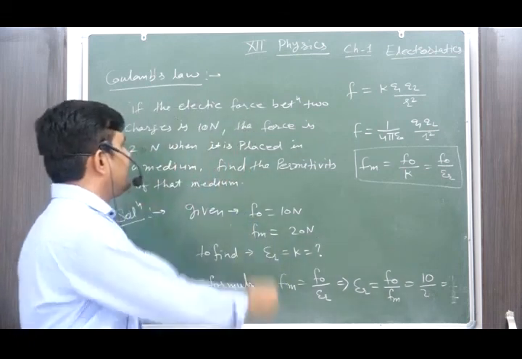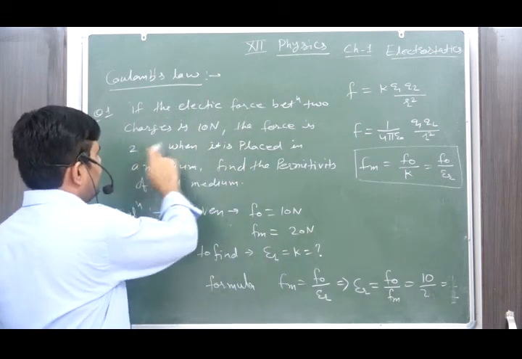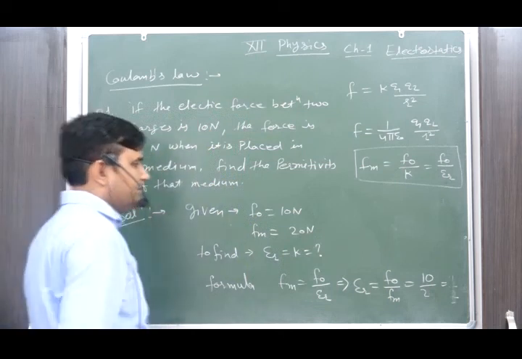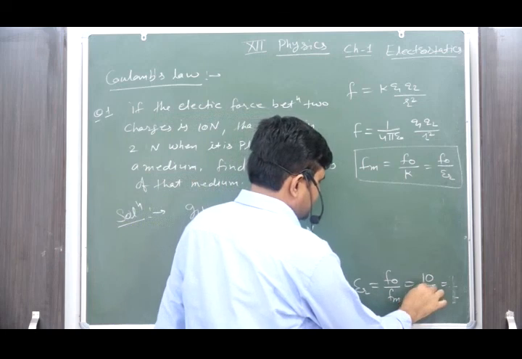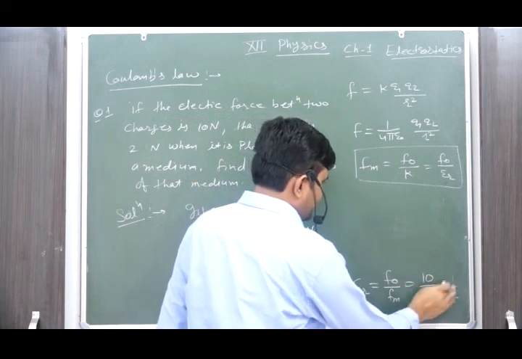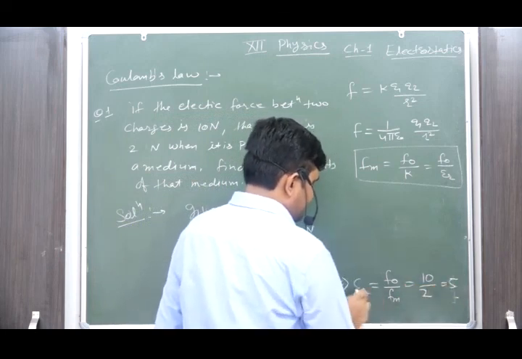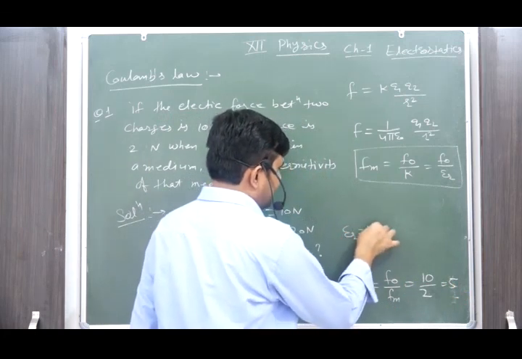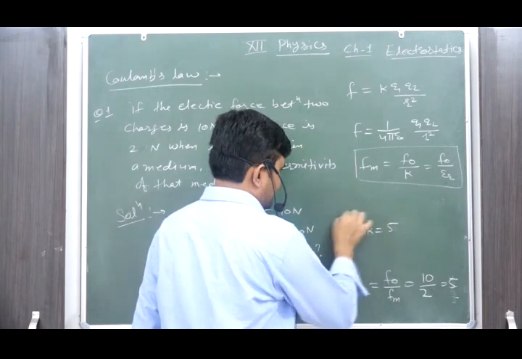Here I am taking random data, and we know that the force decreases when it is placed into the medium. That's why 10 by 2 is equal to 5. It means the value of the relative permittivity epsilon r equal to K is 5.